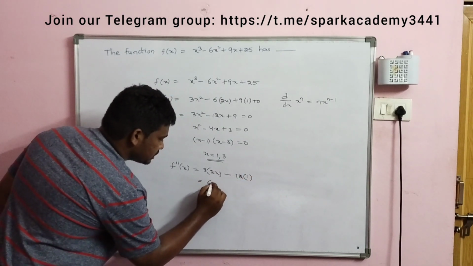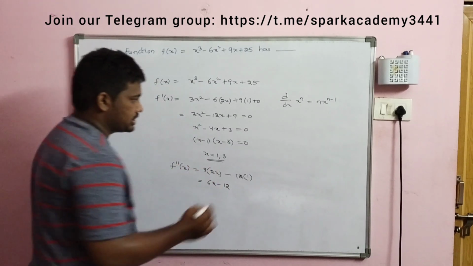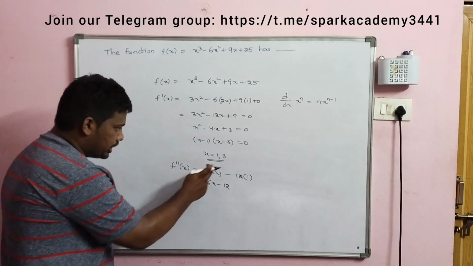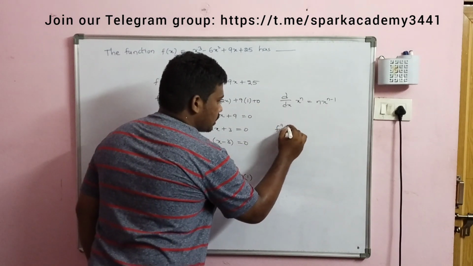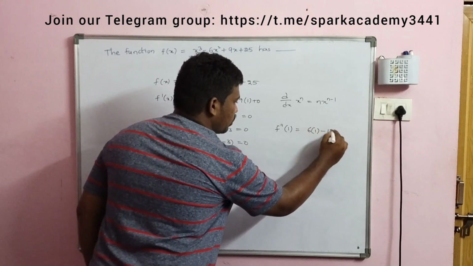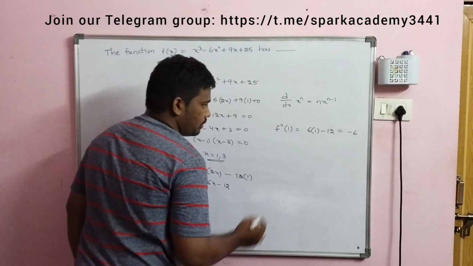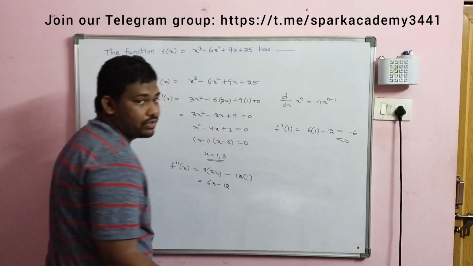Now it becomes 6x minus 12. Now we need to substitute those points. For the first point, 1, f double dash of 1 is equal to 6 into 1 minus 12, which is minus 6, which is less than 0. Keep it aside for some time.